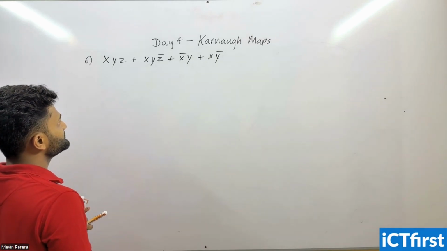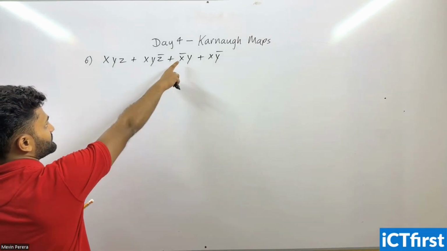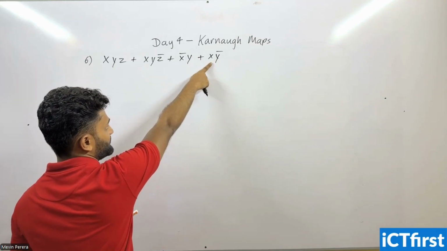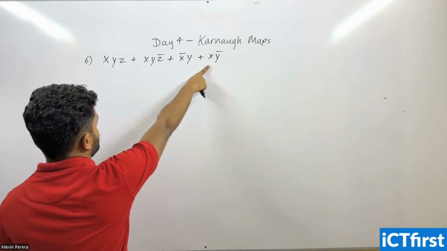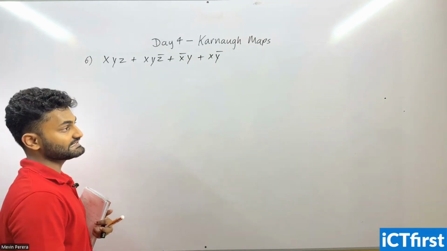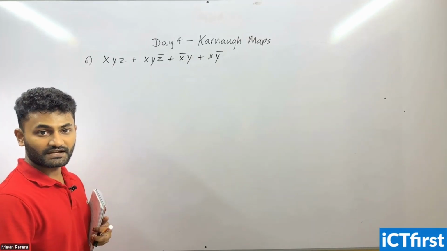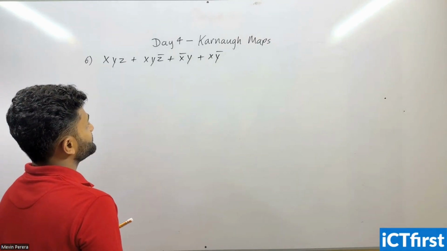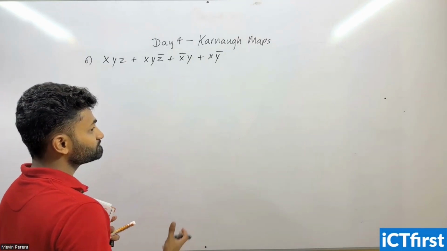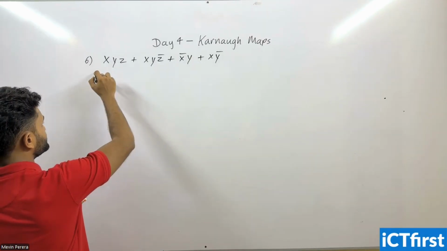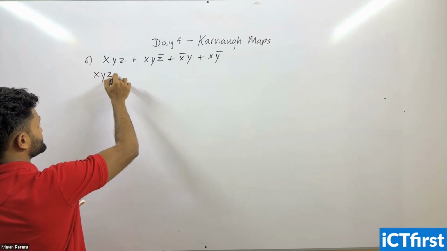The problem here is that this one doesn't have a Z, and this one also doesn't have the Z. We are unable to draw the Karnaugh map because we don't know the value at the Z position, whether it is a bar or not. So we cannot complete this. What we can do is standardize this.